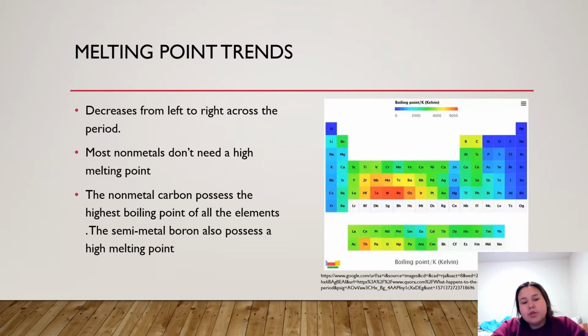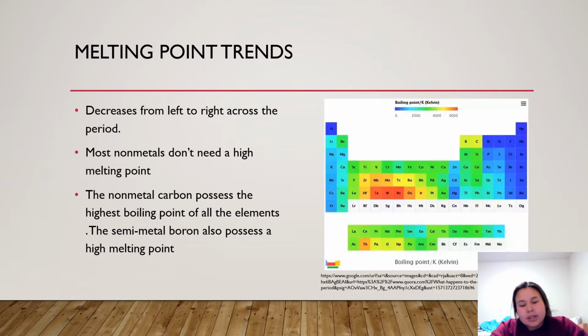Melting point trends. Decreases from left to right across the period, which is caused by the decrease in radius of the atom that allows the outer electrons to ionize more readily. And most nonmetals don't need a high melting point.